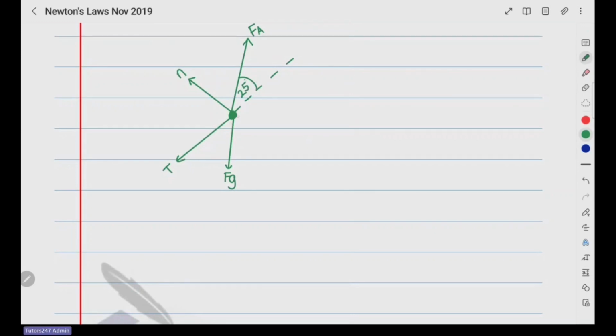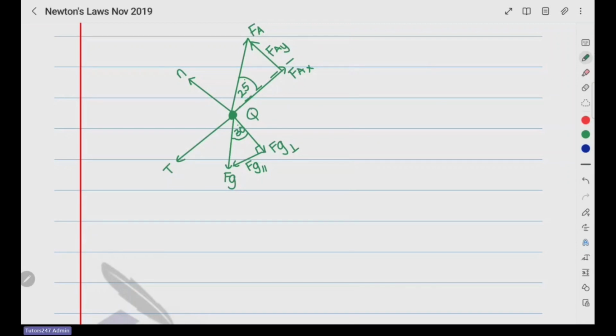And then let us include Fg perpendicular and Fg parallel. This will be 90 degrees. This will be 30 degrees. Let us also include the components of FA. So here we'll have FA in the X direction and FA in the Y direction.